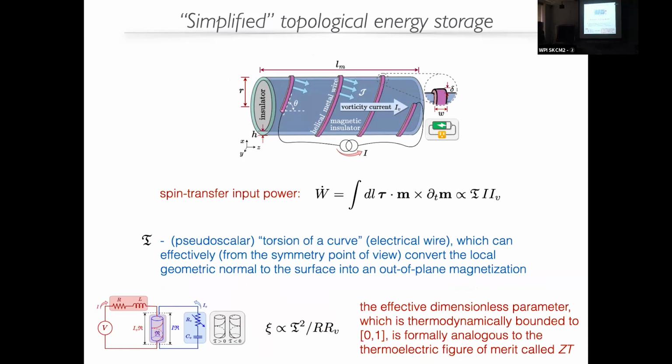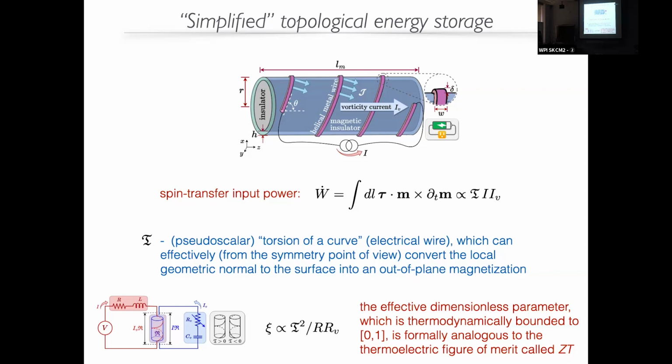Why a helical wire? Well, because I'm going to utilize the torsion of a curve, the torsion of this helical wire. This torsion is non-zero for a helical wire. It could be positive or negative depending on the handedness of the helicity.